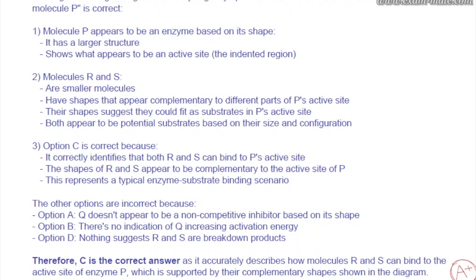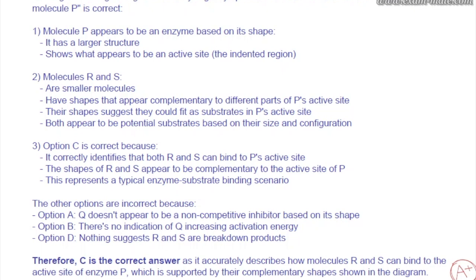3. Option C is correct because it correctly identifies that both R and S can bind to P's active site. The shapes of R and S appear to be complementary to the active site of P. This represents a typical enzyme-substrate binding scenario. The other options are incorrect because for option A, Q doesn't appear to be a non-competitive inhibitor based on its shape.